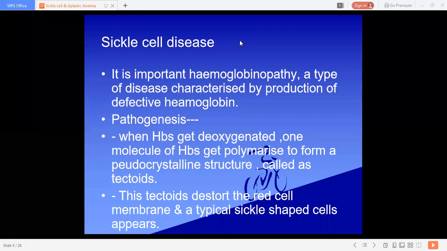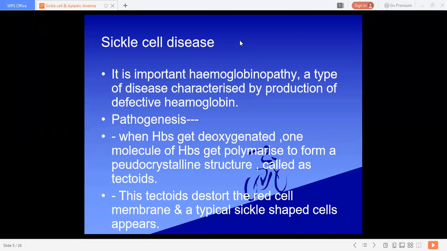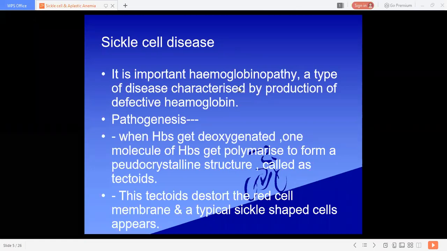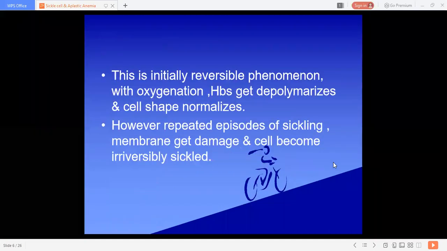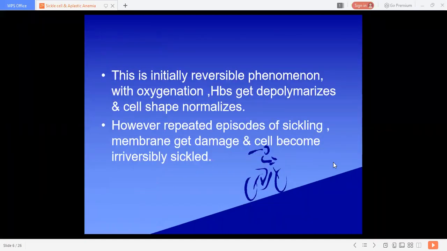Whenever hemoglobin S gets deoxygenated, it polymerizes to form a pseudocrystalline structure called tactoids. Because of the formation of tactoids, they distort or disrupt the red cell membrane. This is initially reversible.